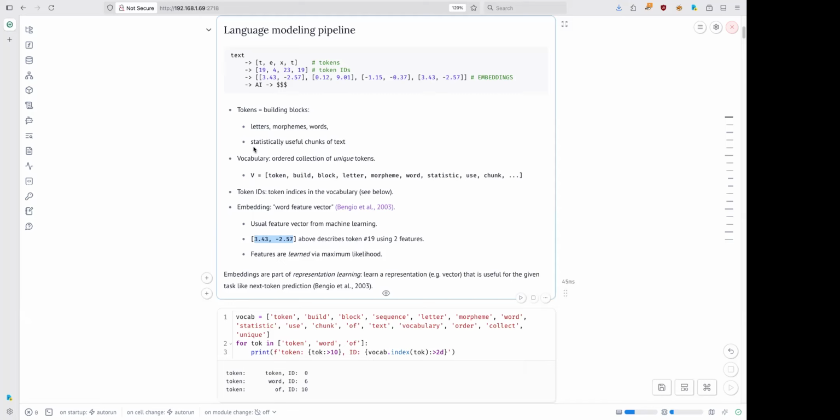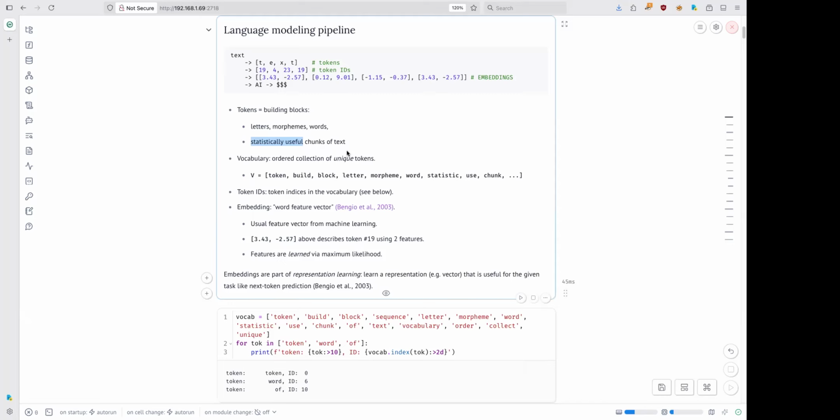Like here, we said that a token is a statistically useful chunk of text, and in particular, byte pair encoding is useful for compression. Here, you have embeddings, which are useful for a particular task. You can't have just some kind of embedding because usually, embeddings are specifically trained to be good at a particular task.